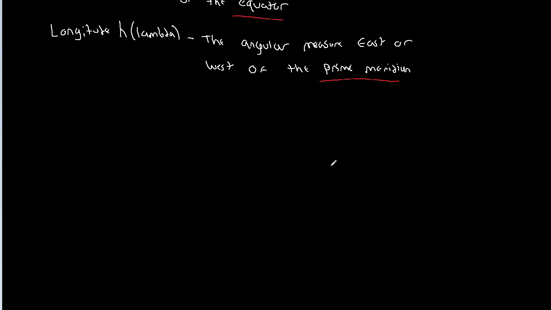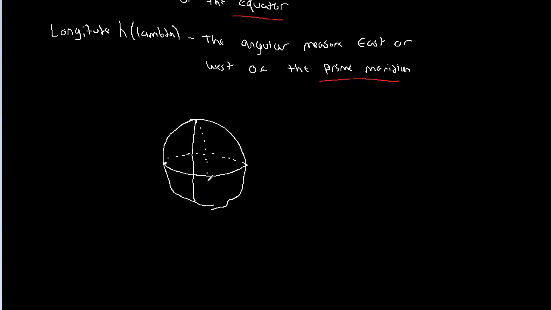So let's imagine for a second that the Earth is represented as a sphere, and then we've cut the Earth in half, or into quarters, once through the center of the Earth here, and once through the center of the Earth here.